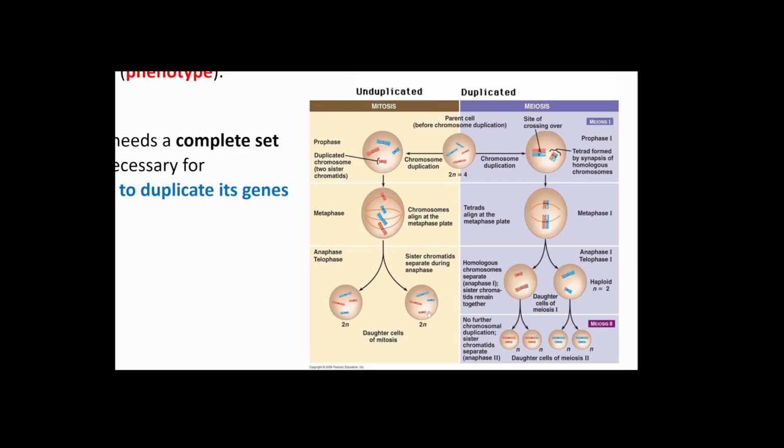Although in the third phase we have only one cell division in mitosis, in meiosis we have one extra step to get the daughter cell. So this one is two phases and this one only one phase.